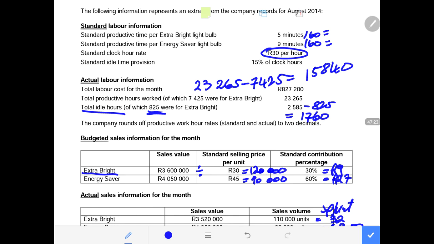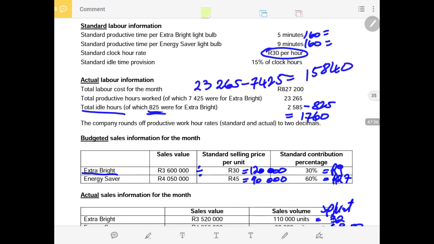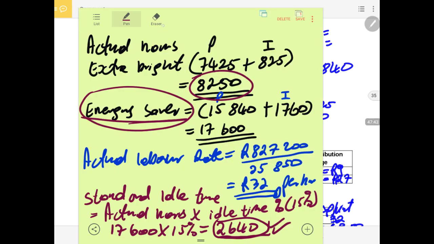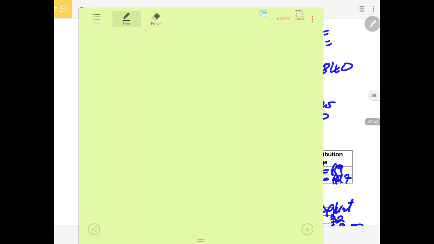Then now we need to calculate our standard hours. In the calculation of the standard hours, remember, standard hours will be the standard hours per unit times actual production.